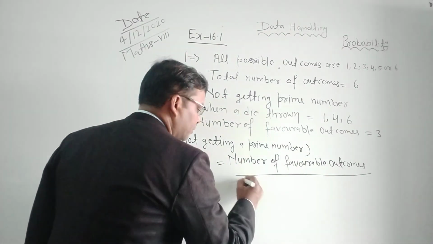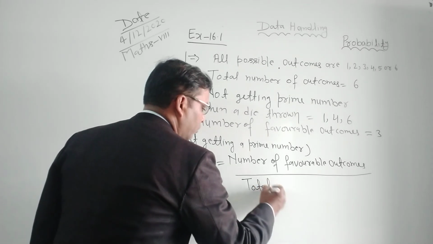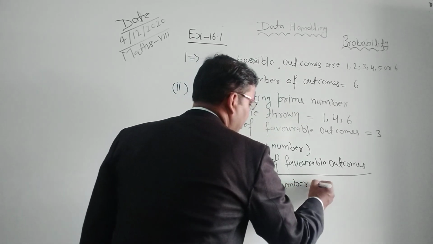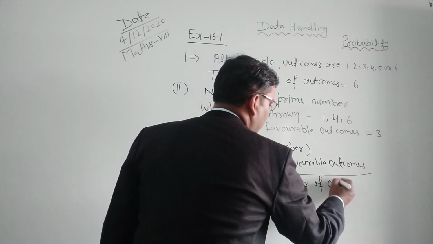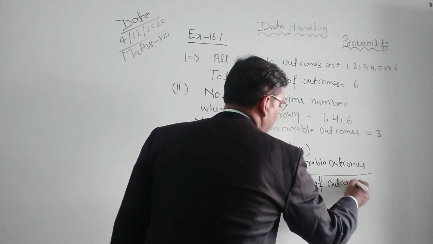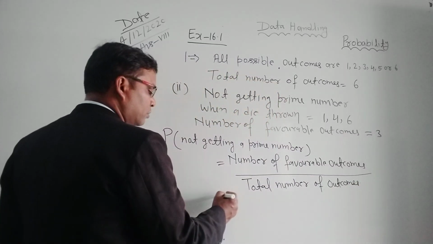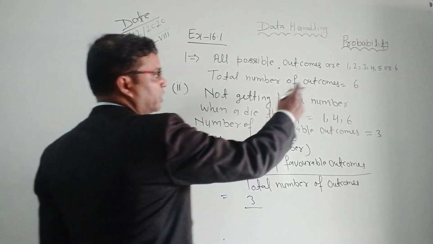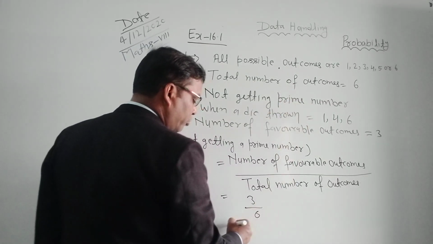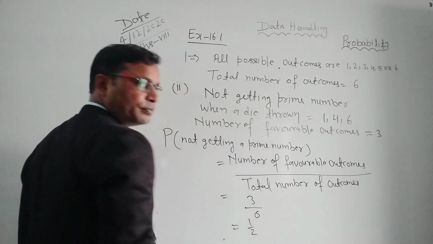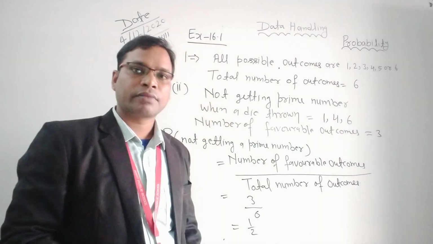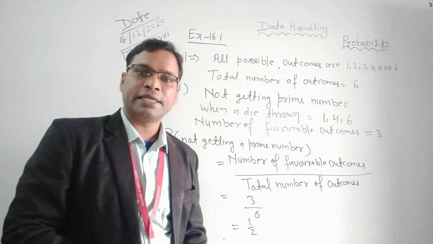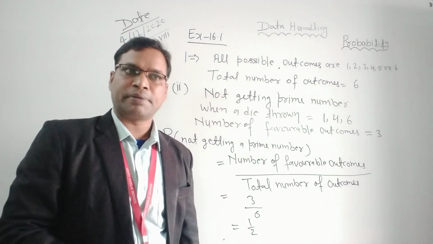So the favorable number is 3 and the total number is 6. If you cancel it, then you obtain 1 by 2. 1 by 2 is the probability of getting a non-prime number.